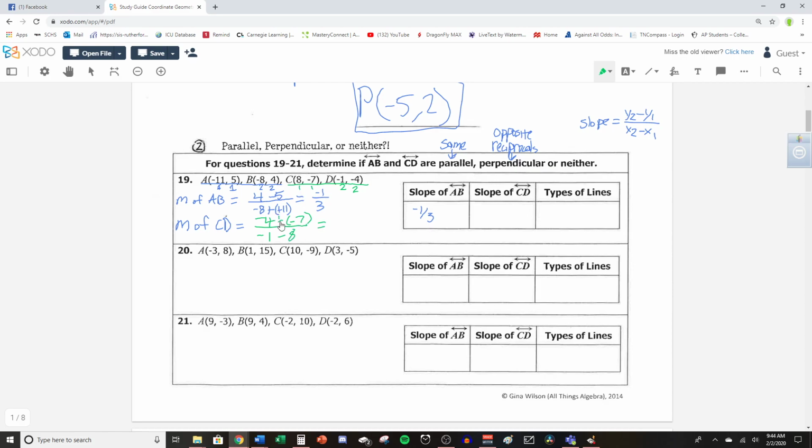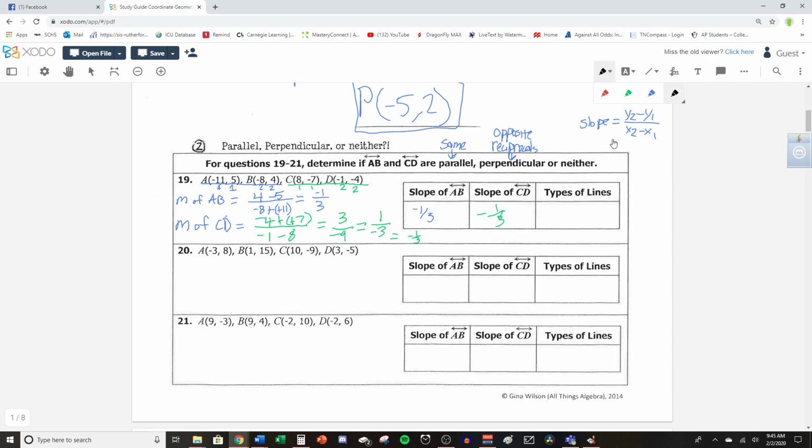I'm going to do the change here, so this is going to be 3 on the top. -1 minus 8 gives me -9. When I simplify this, I get 1 over -3, which is the exact same thing as saying -1/3. So that's this slope.